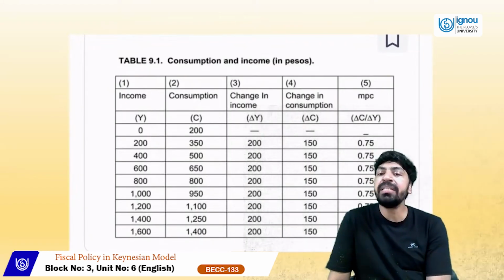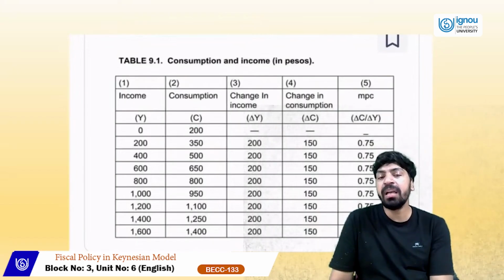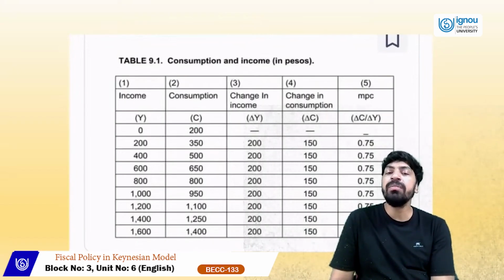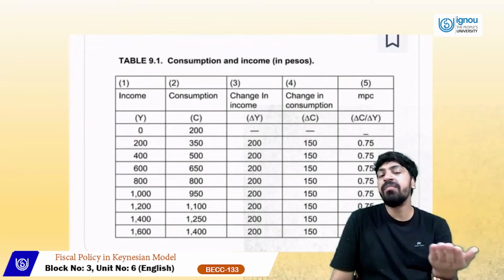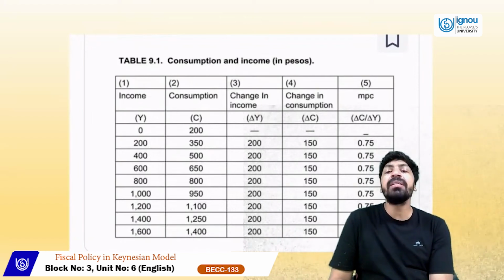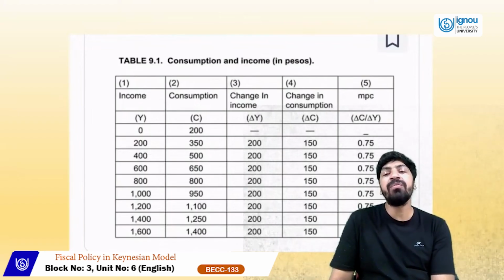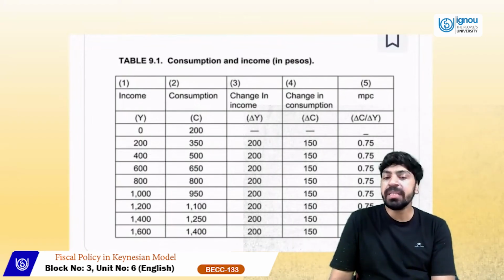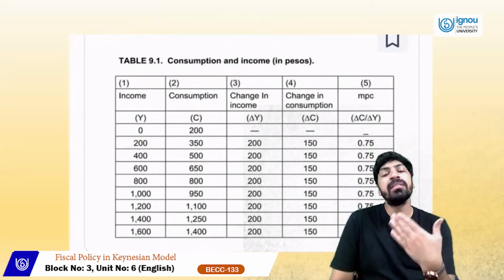When we talk about change in consumption, the same procedure is followed as for the change in income. For the first one, the consumption is 200, and there is no earlier value given, so put a dash. Then 350 minus 200, 150; 500 minus 350, 150; 650 minus 500, 150; 800 minus 650, 150; 950 minus 800, 150, and so on.